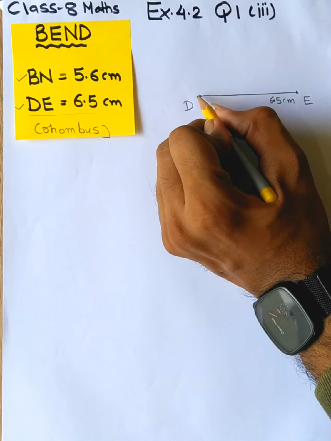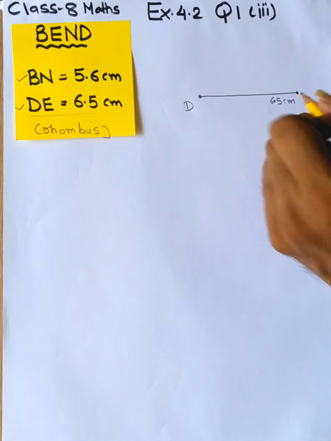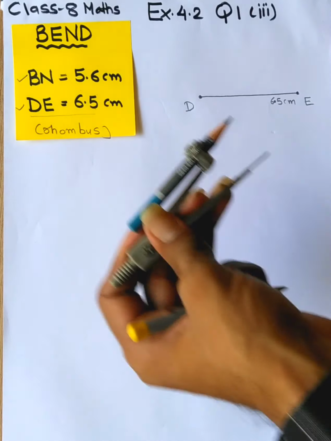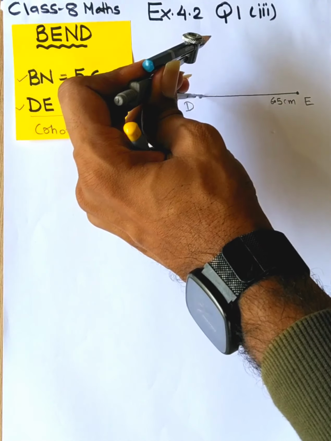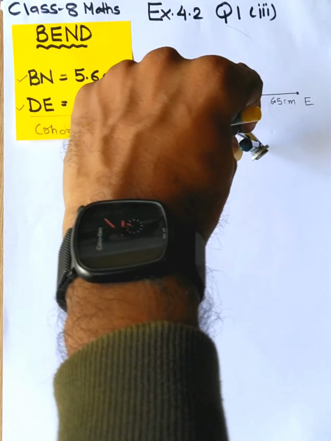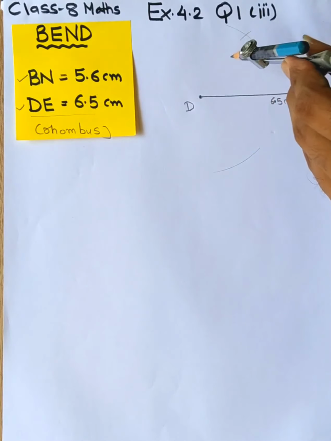Right. Now I hope you have learned before as well how to draw a perpendicular bisector. If not, let us revise. See, perpendicular bisector, you only have to take from both the points more than half, and you just have to draw an arc above and below from both the points.